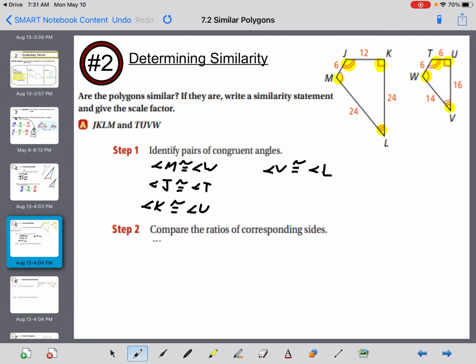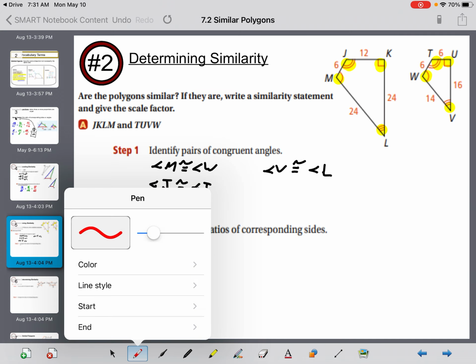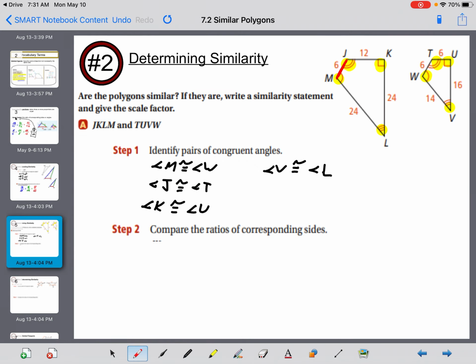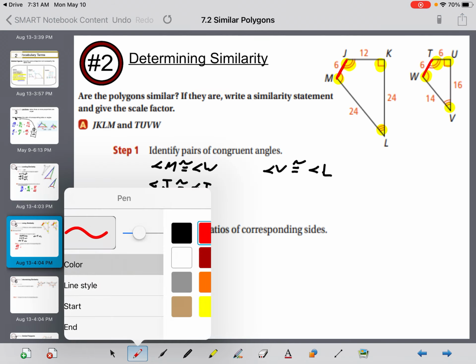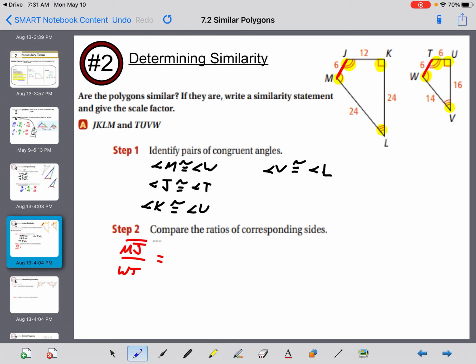Now it says compare the ratios of the corresponding sides. Well, what I like to do is make them different colors. So MJ and WT. And these should be in proportion to the rest. So JK and TU.